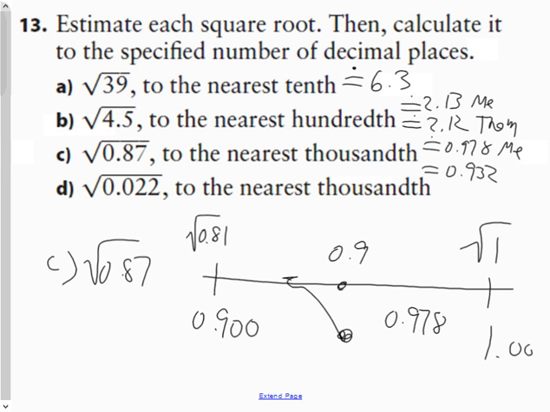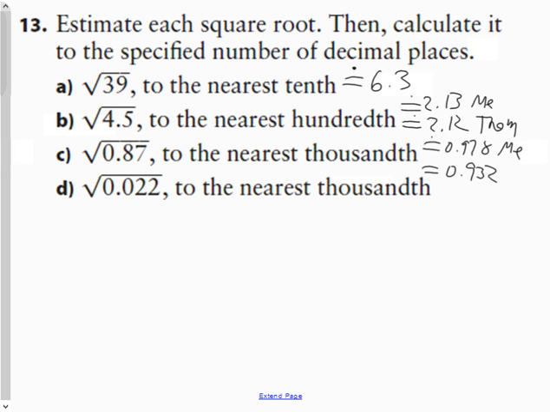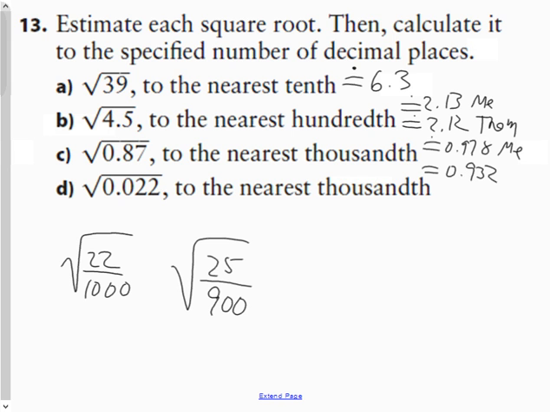And finally, D, the square root of 22 thousandths. For this one, the good news is neither the numerator nor denominator is a perfect square. But if I was to guess perfect squares that were between there, let's make my perfect square up top 25 and let's make 900 down below.